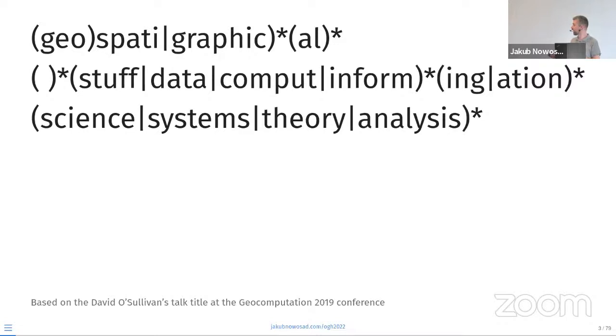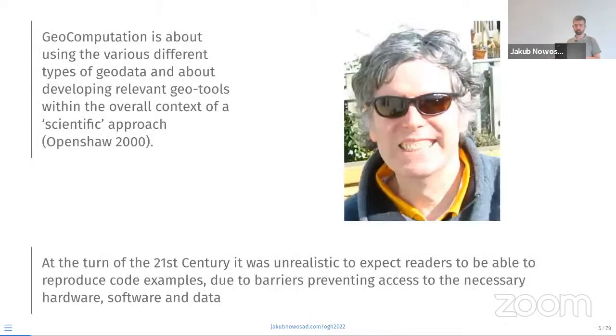Oh, we have geospatial computing, for example, and so on. But as for our workshop and our lecture today, I'm of course focusing on geocomputation, but the main point here is that there are many things called differently, but the core ideas stay very similar, or stay almost the same.